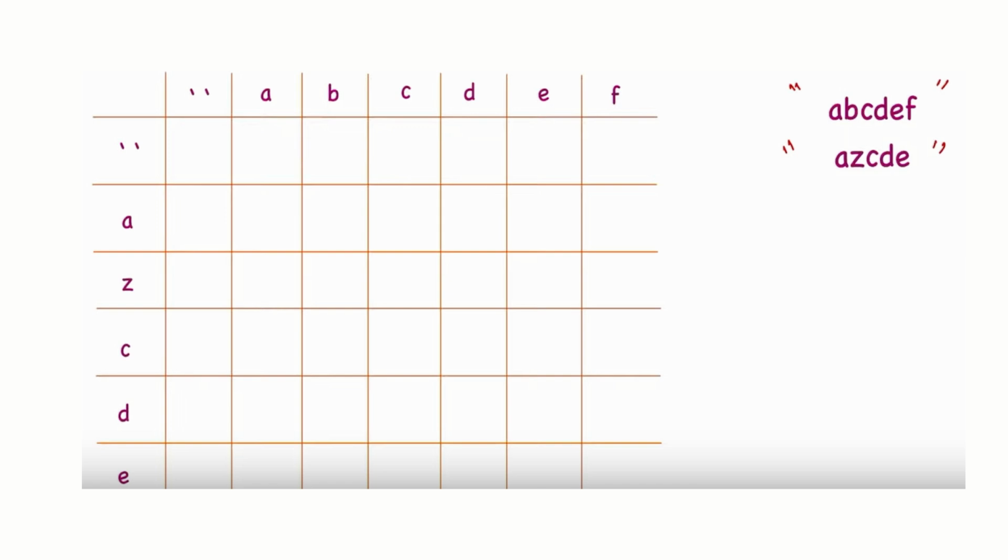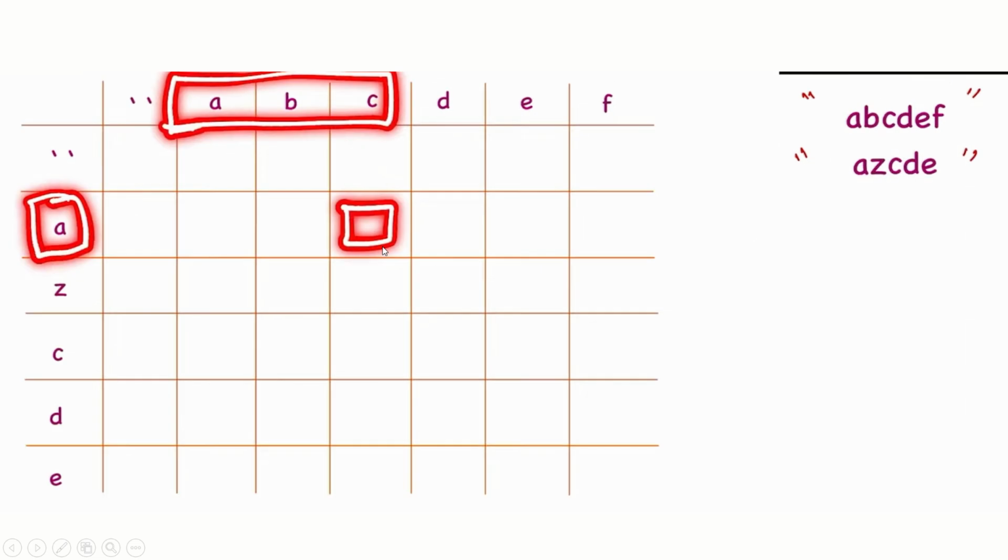dynamic programming. So this is the matrix that we'll be creating. We'd have to convert ABCDEF into AZCDE. This is the empty string that we'll be taking, and we fill the row with the letters of the first word, and the column with the letters of the second word. Now I'll explain what these boxes actually mean.